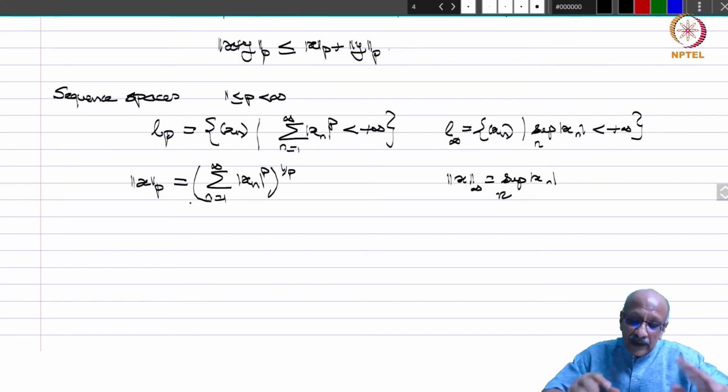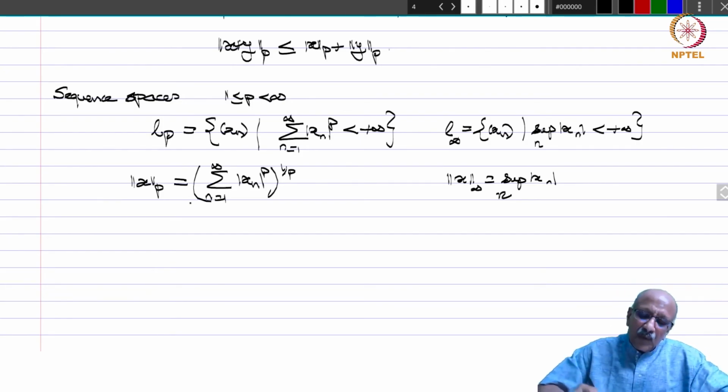So scalar multiplication is fine. But if you have two sequences x_n and y_n, what is the guarantee that x_n plus y_n is also p-summable? This is a question which we should answer first. Only then ℓ^p will become a vector space. Then only it will make sense for us to talk of a normed linear space. We will do both together.